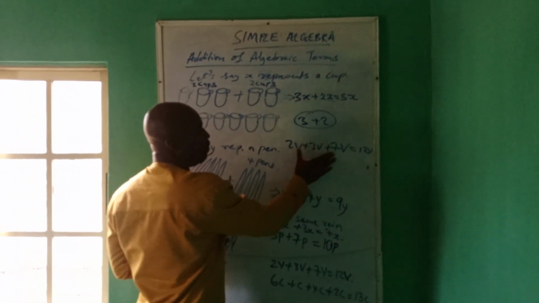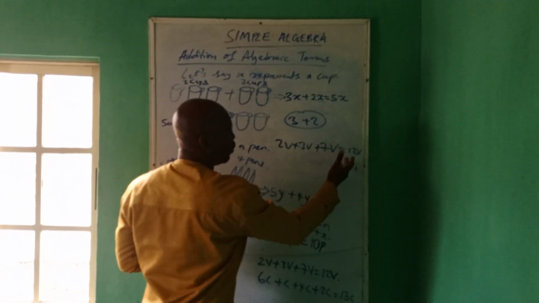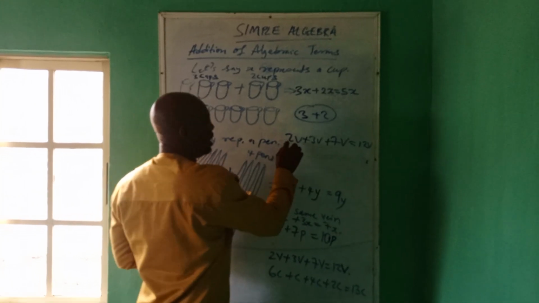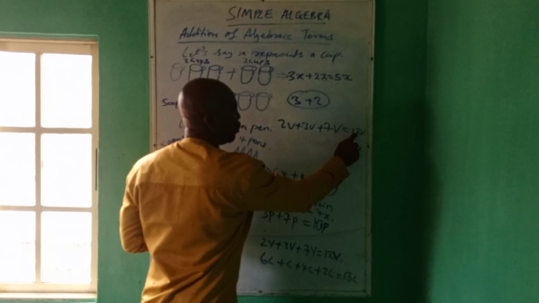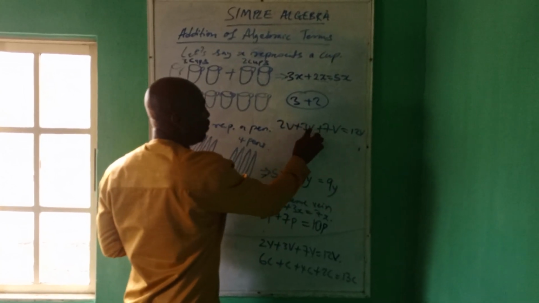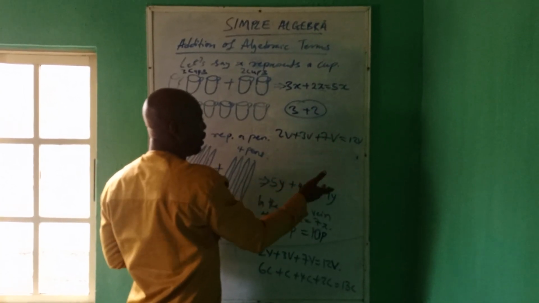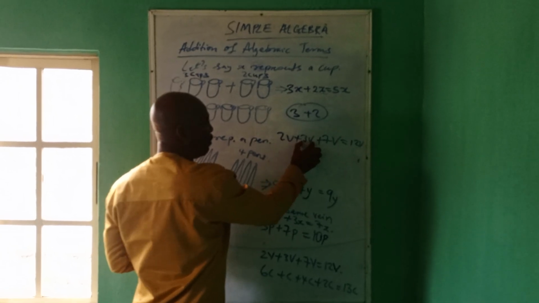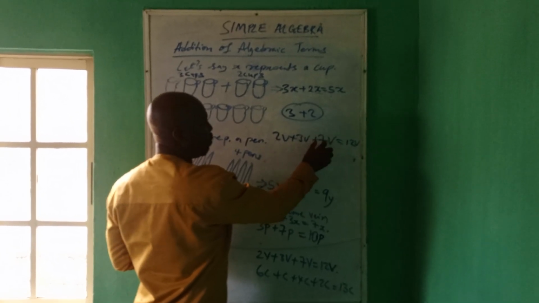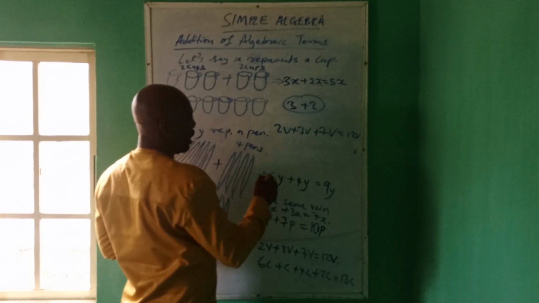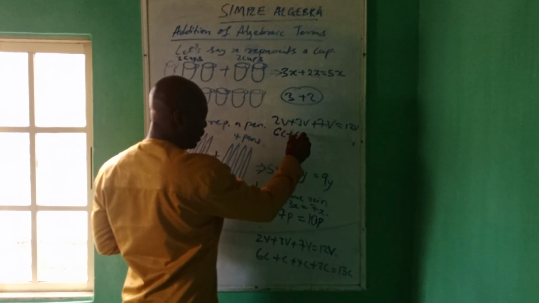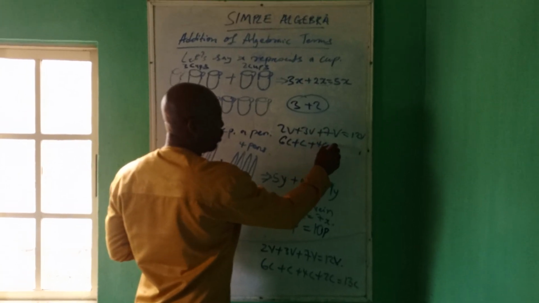But now that we are using v, we now have 12v. So the actual thing you're doing is 2 plus 3, 5, plus 7, 12. But since we have the v, 2v plus 3v is 5v, 5v plus 7v is 12v. Then we'll have our 6c plus c plus 4c plus 2c.